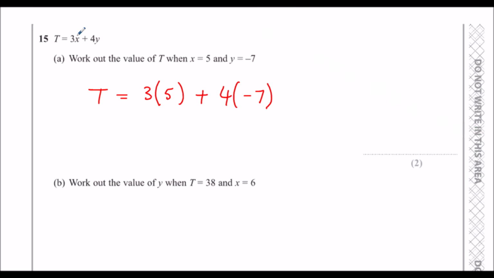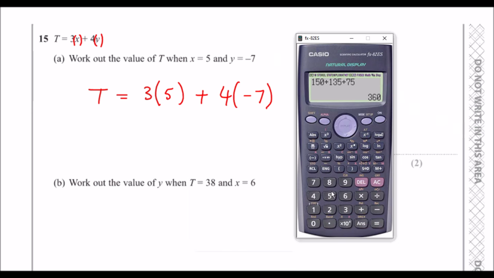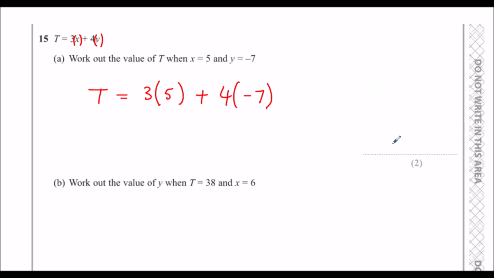So wherever I had the letter, I've just changed it to a bracket, and then I've put the number in its place. So I've got 3 5s and 4 negative 7s. Now I can type this in the calculator exactly how it looks. So 3 bracket 5 plus 4 bracket negative 7, and that gives me negative 13.